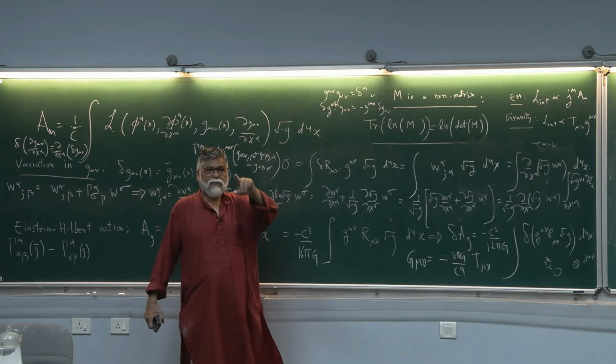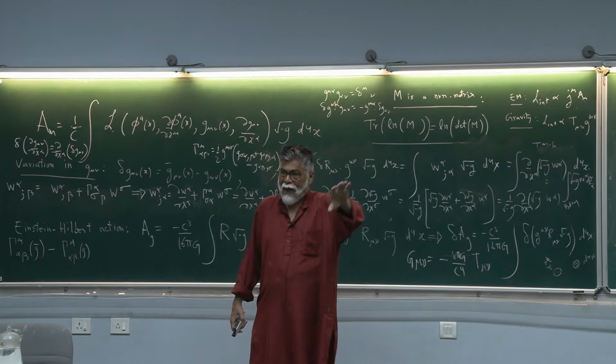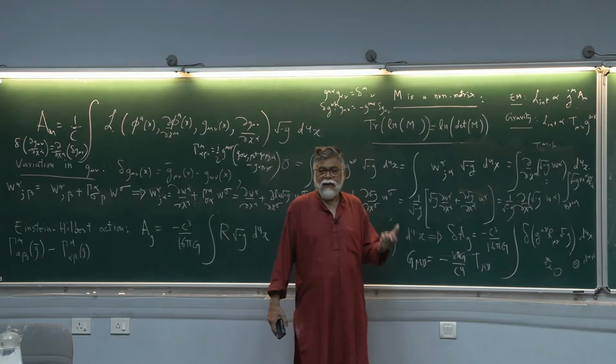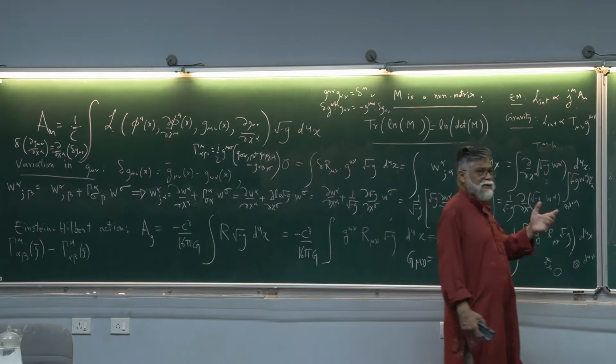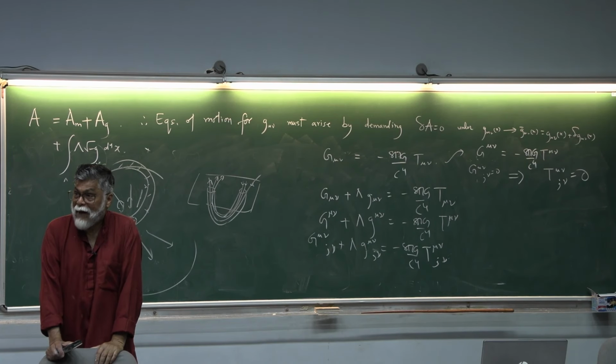Oh, by the way, I must mention, I'll come to your question, that later on, Einstein realized that his introducing this lambda term was a big blunder. He always said that it was the biggest blunder of my life. Why did he say that? Because he was hell-bent on getting a static solution.